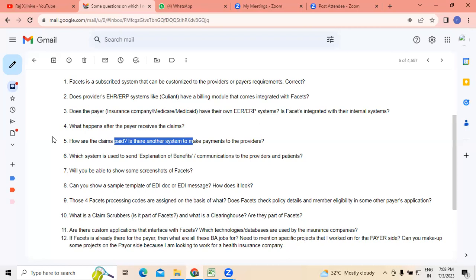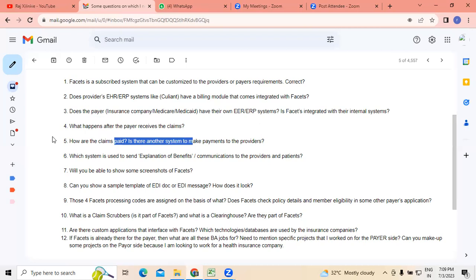After that, the process and everything will take place. If there are any corrections or clarification required, claim adjudication will be done by the payer to the provider. Based on that, finally, through ACH clearinghouses, payment will be made to the providers.